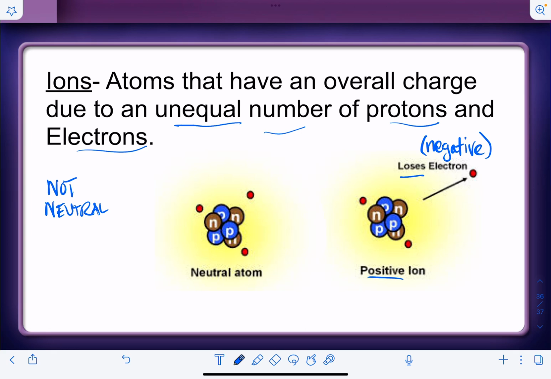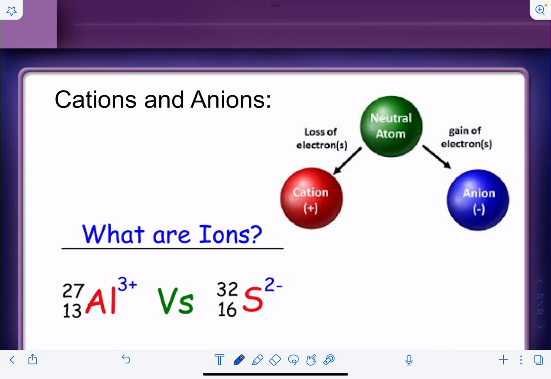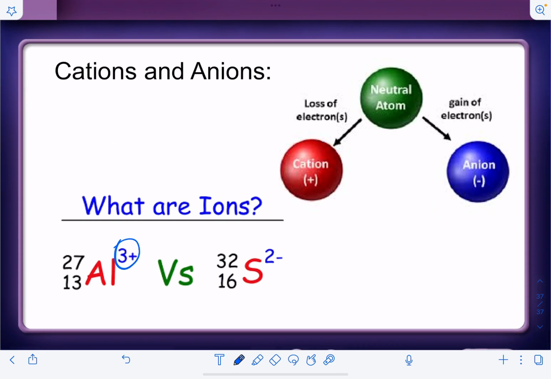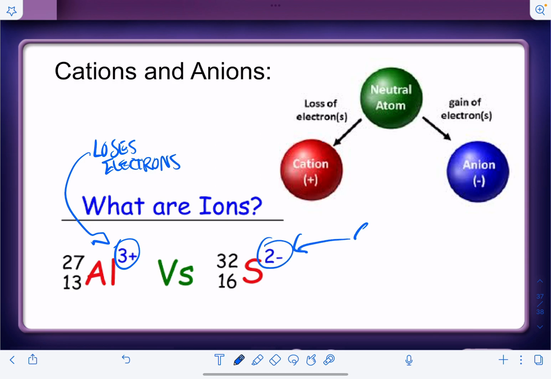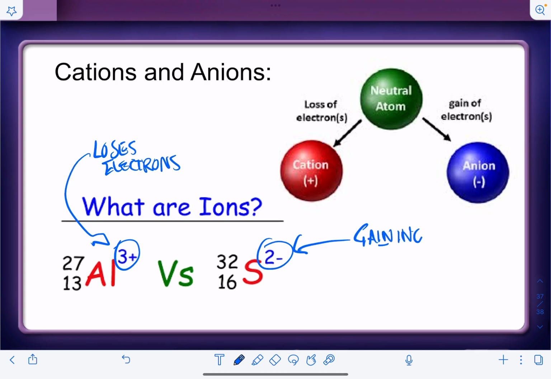So electrons are negative. If you have a positive ion, it loses electrons. When you have a negative ion, it is gaining negative charge, so it's gaining electrons. And I'm going to practice that with you here.